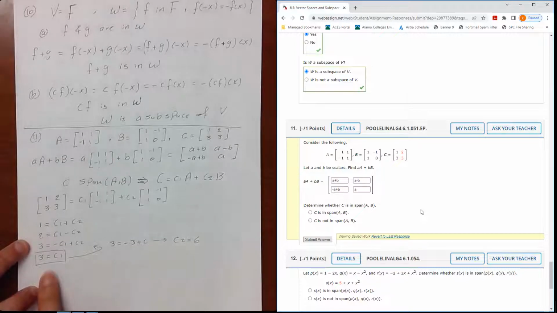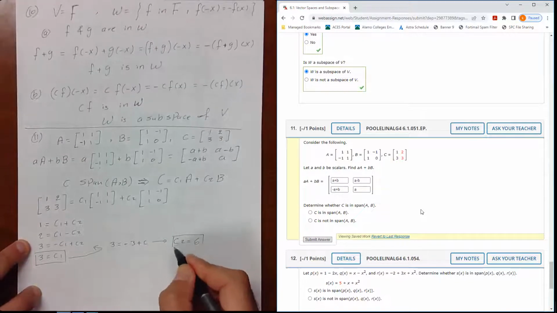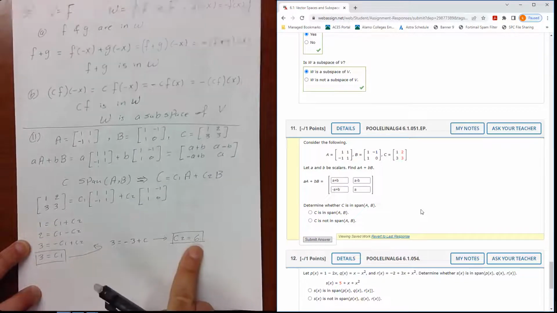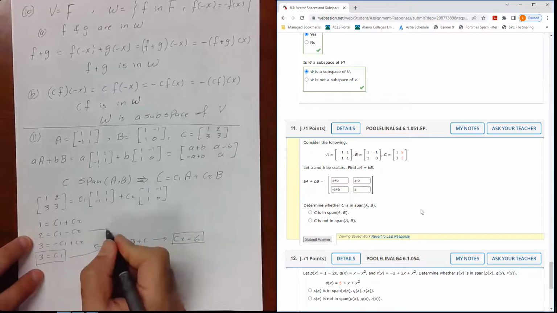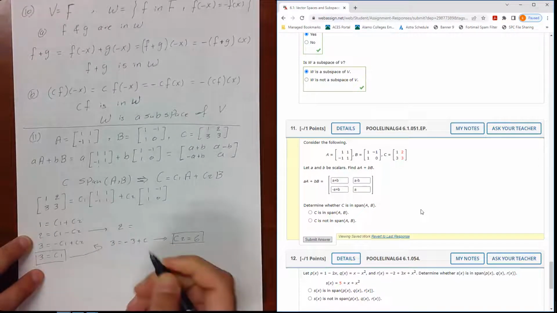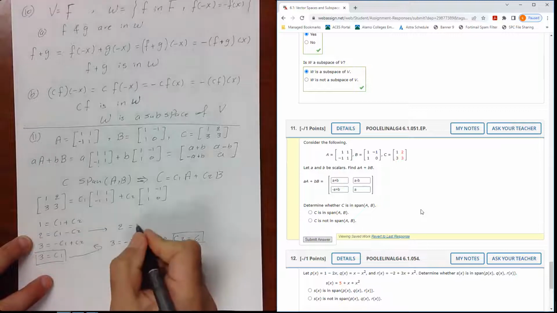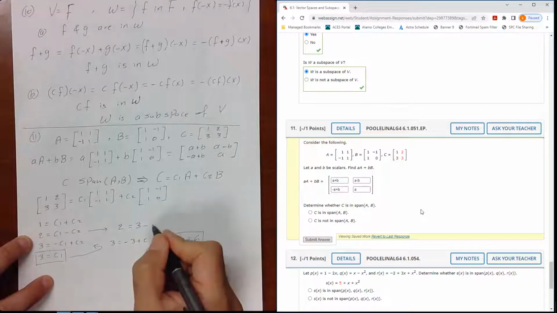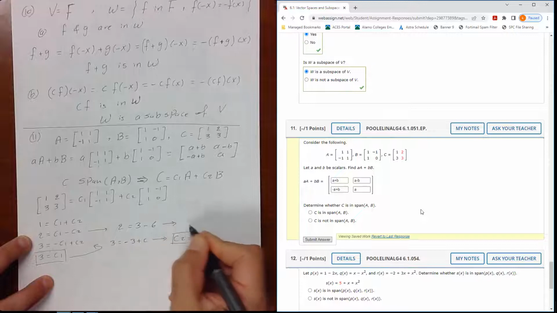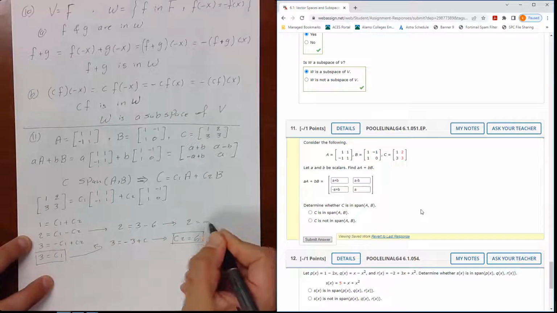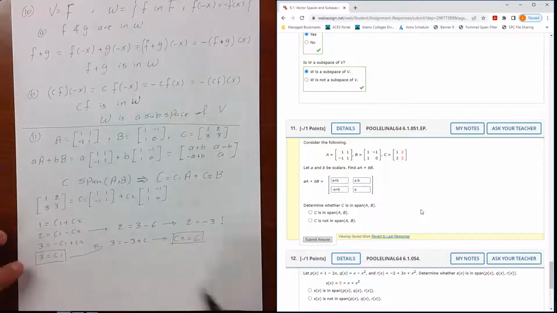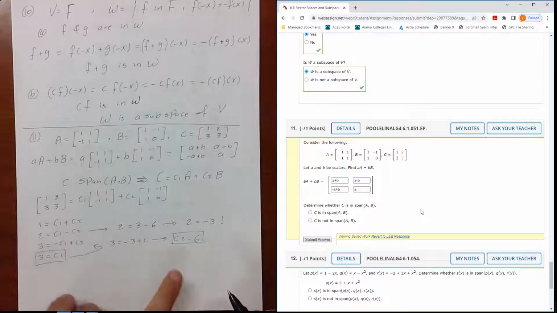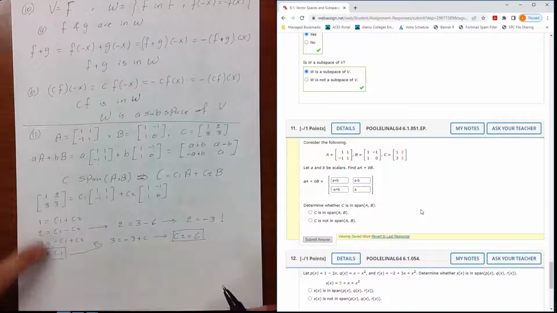So I have c1 and c2, but let's check whether c1 and c2 satisfy the first and second equations. If I plug in here, 2 equals c1, which is 3, minus c2, which is 6. 2 is going to be equal to negative 3, and this is a contradiction. That means even if you check the first one, it's going to be a contradiction. That means this c1 and c2 do not satisfy all these equations.